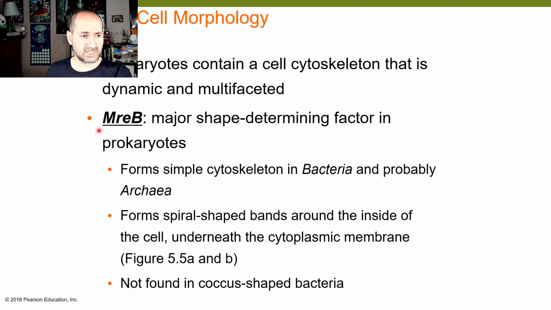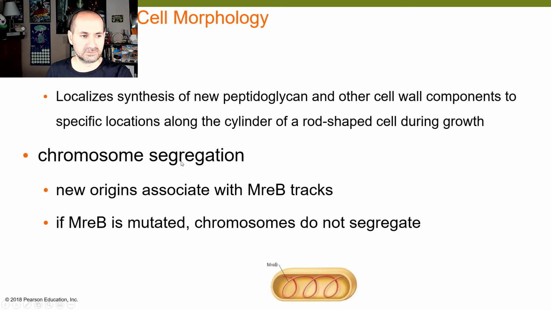You should know about MreB. It forms a spiral-shaped band around the inside of the cell. And you need to know why that's important. It's important because it localizes synthesis of new peptidoglycan. So new peptidoglycan forms around this spiral.